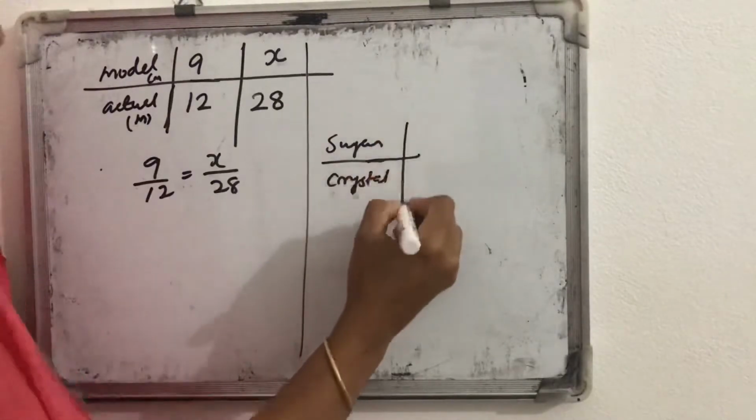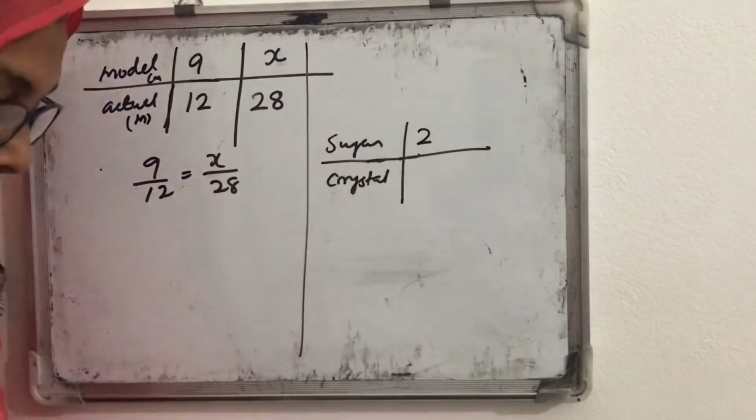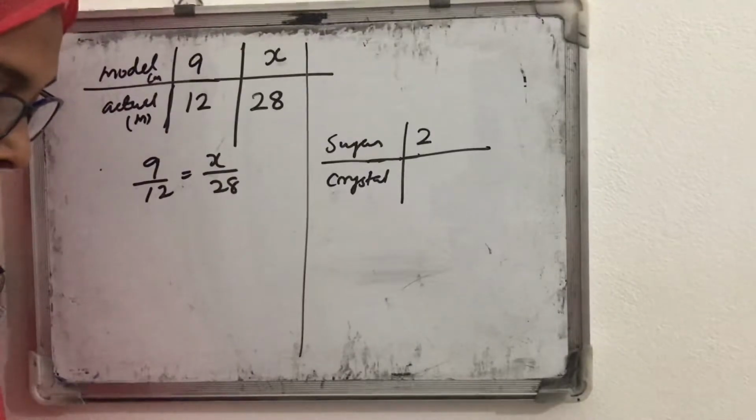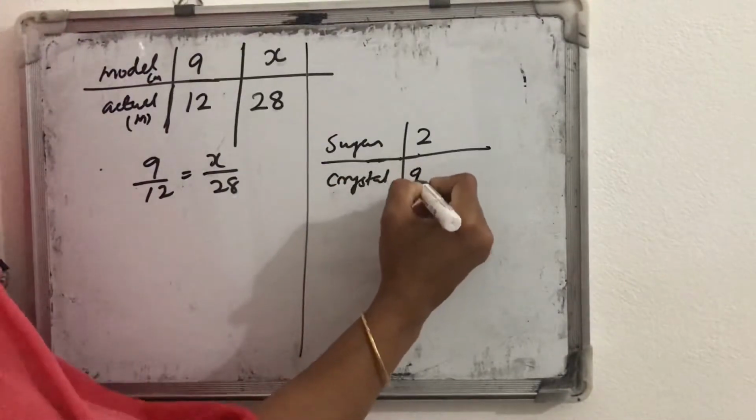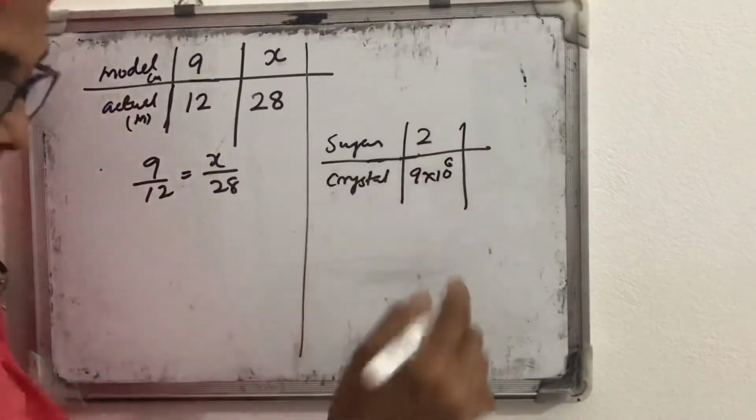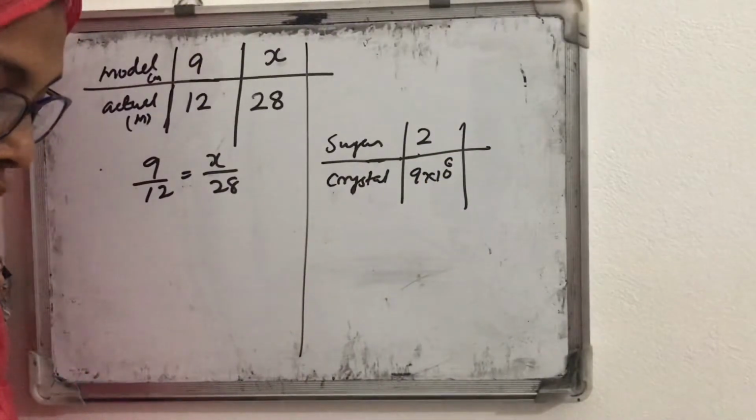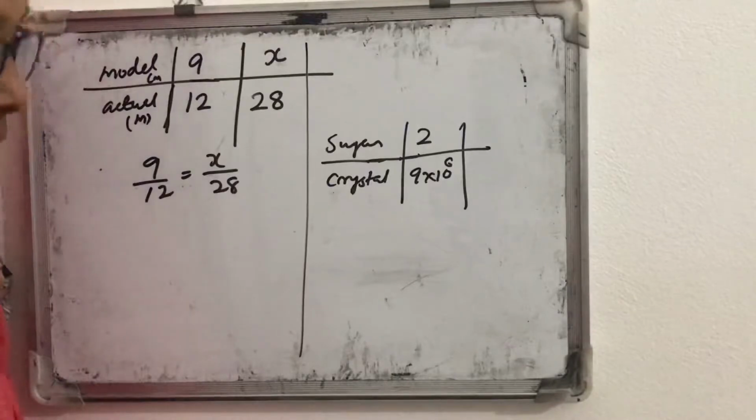If it is 2 kg, the quantity of crystals is given as 9 into 10 raised to 6, and we want to find out how many sugar crystals are there in 5 kg of sugar.